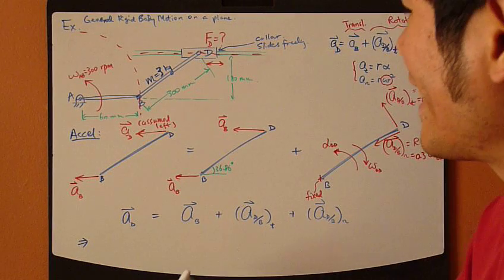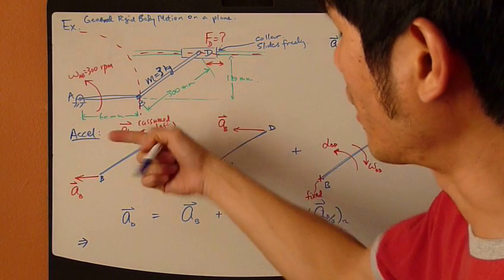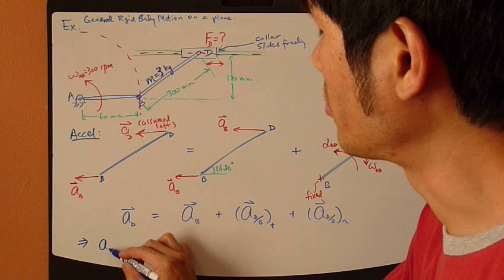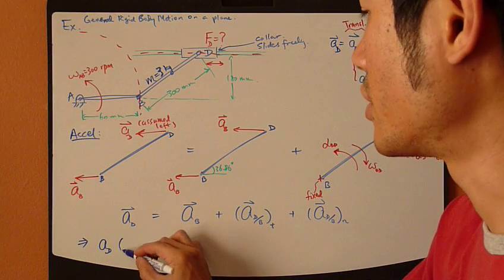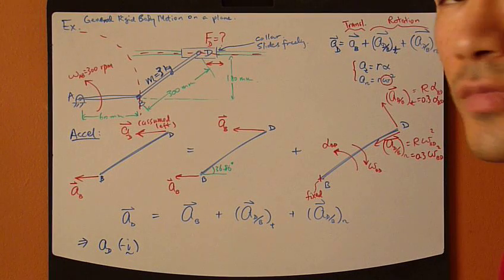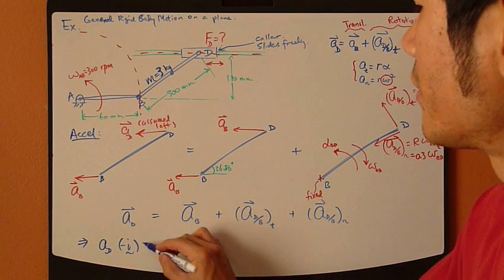So for AD, since I assume they're going to the left, this will be the magnitude of AD and then direction, which is negative I. That's it, there's no J component.